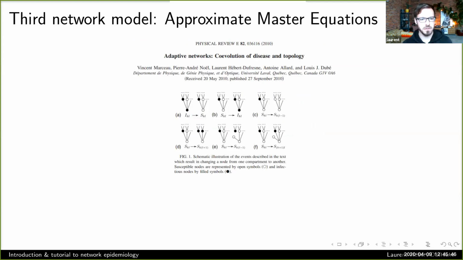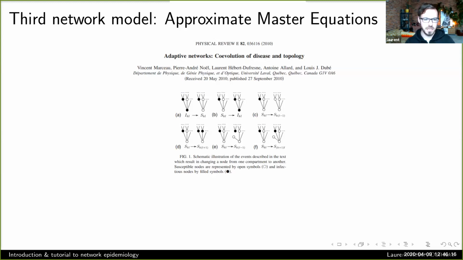It's been generalized, and this is the first paper I ever worked on when I started grad school. Generalized with what we call approximate master equations, where the idea is we keep making smaller boxes. So now we distinguish people by whether they're susceptible or infectious, what is their degree, and how many infectious neighbors they have. And we're calling that approximate master equations because now you don't just have a binary state change, right, from susceptible to infectious.